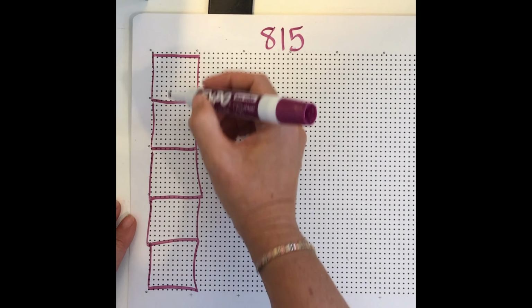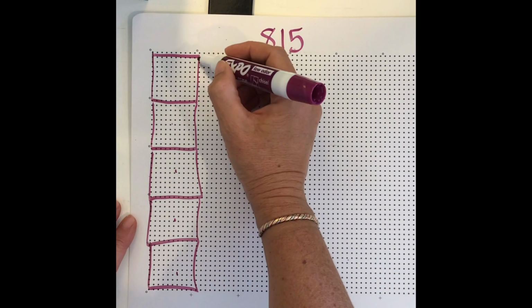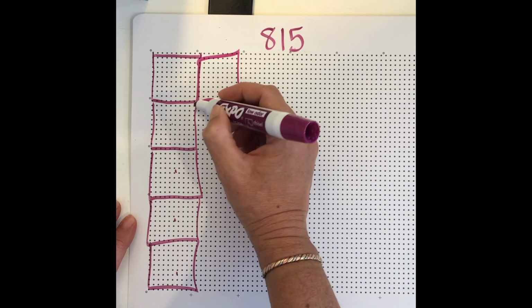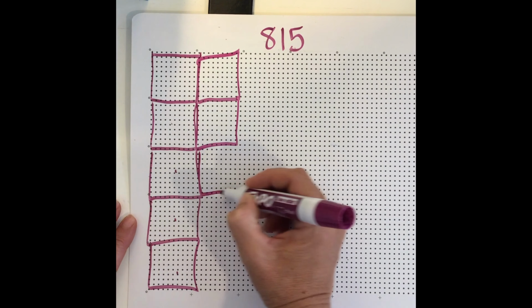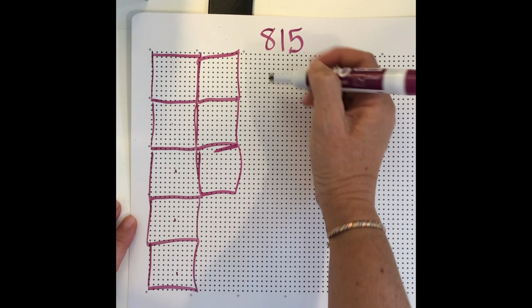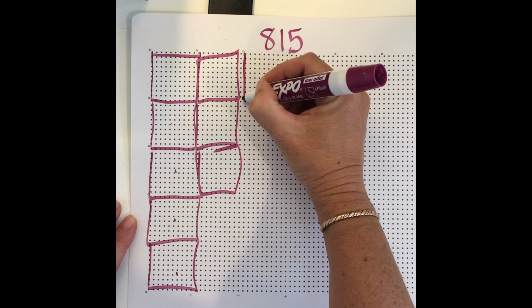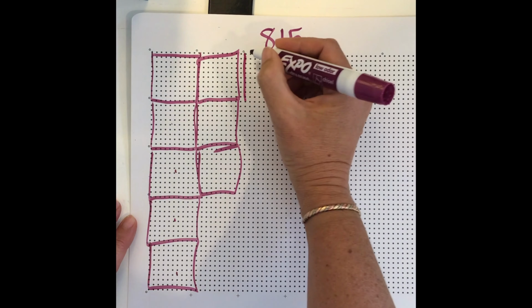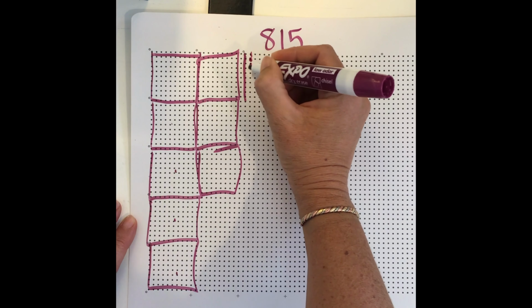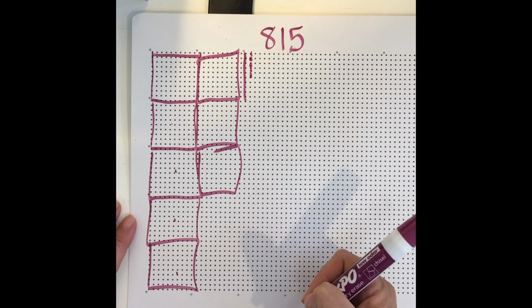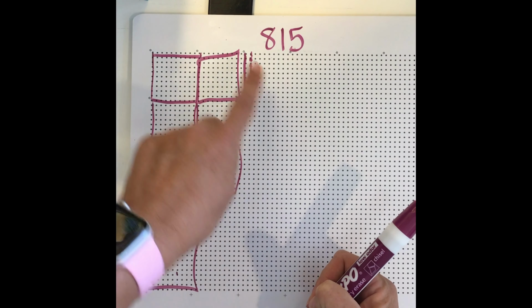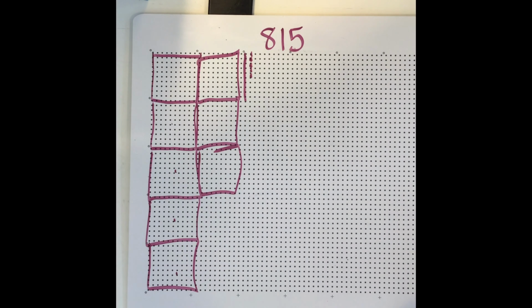So we've got 1, 2, 3, 4, 5, 6, 7, 8. Then we would have a quick 10. Because we have a 1 in the tens place, and then we would have 5. 1, 2, 3, 4, 5. Okay, so that's one way to do it in the area model.